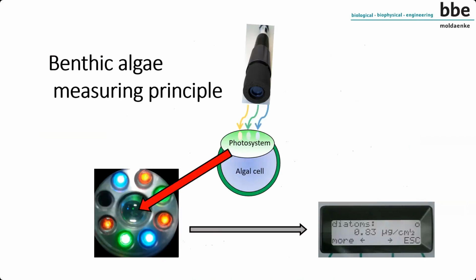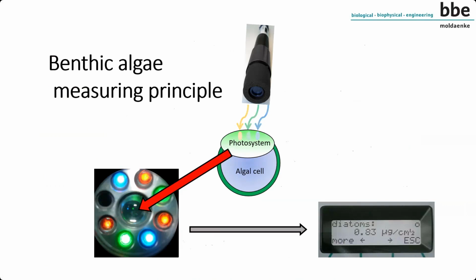We have here the BenthoTorch, and the BenthoTorch has light sources which illuminate the photosystem, and the photosystems are several pigments which collect the light and bring it to the center where the photosynthesis takes place.